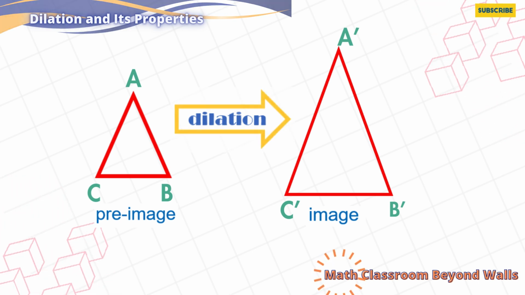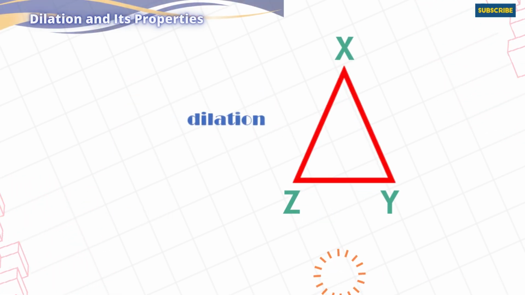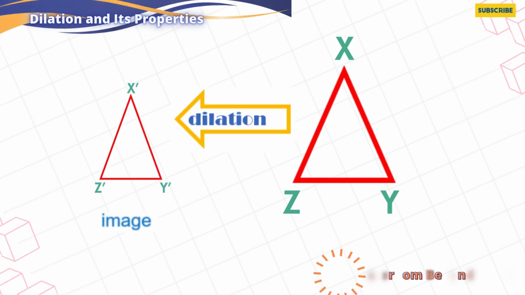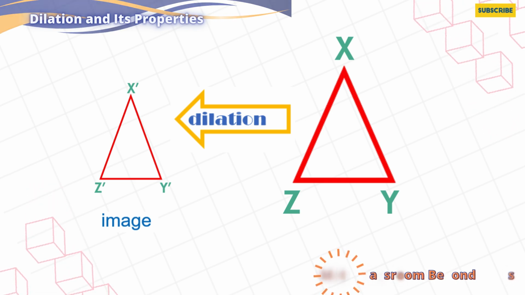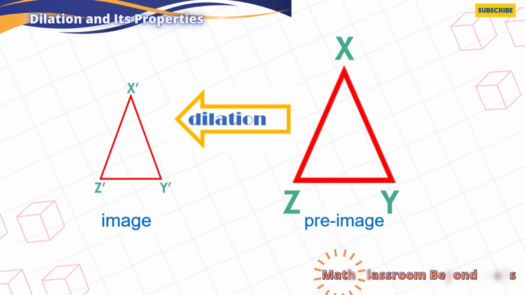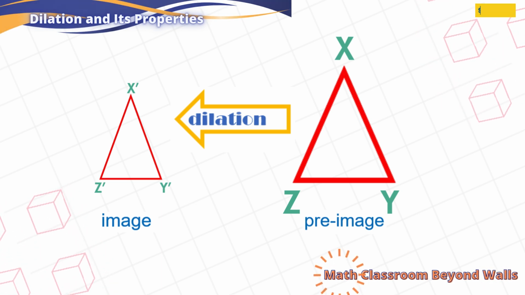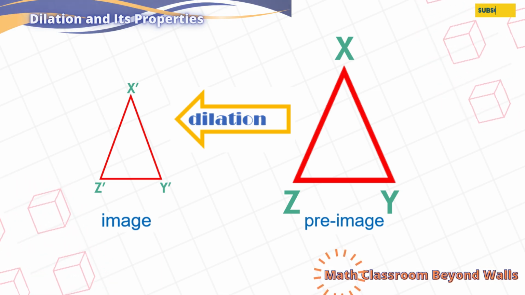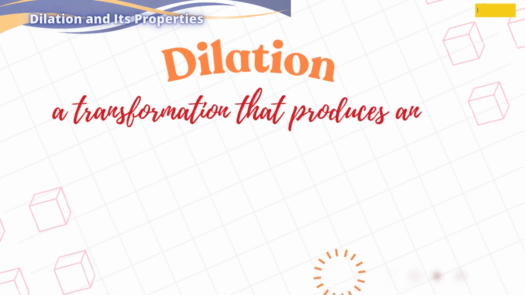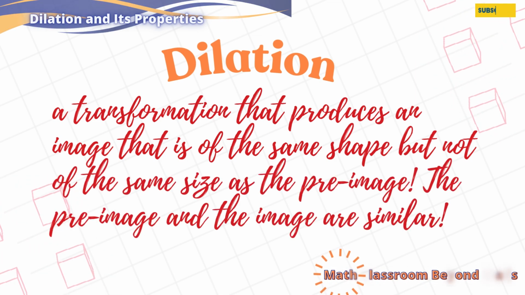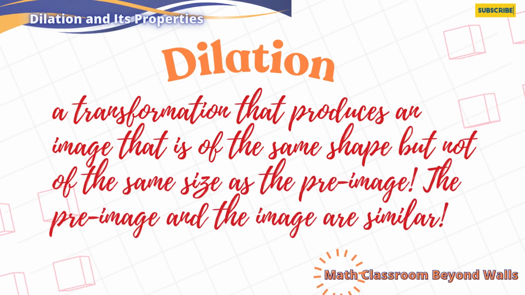Or it could be illustrated this way, where triangle X prime, Y prime, Z prime, the image, is smaller than triangle XYZ, the pre-image after a dilation. Again, they are of the same shape. Thus, we can describe a dilation as a transformation that produces an image that is of the same shape but not of the same size as the pre-image.